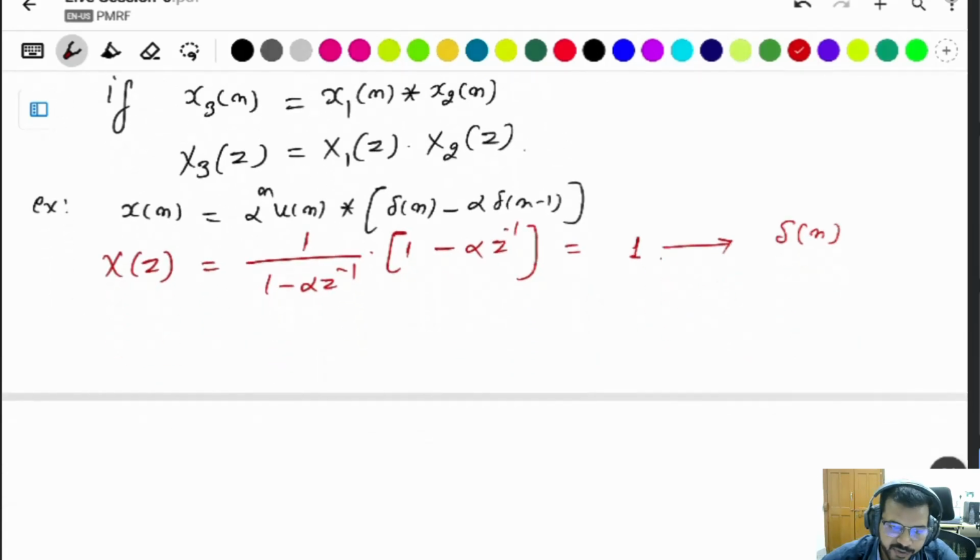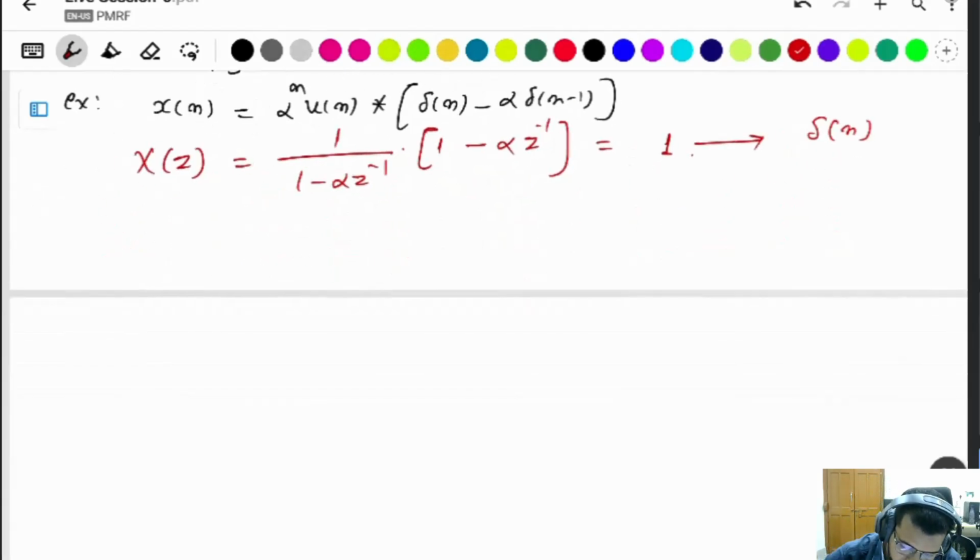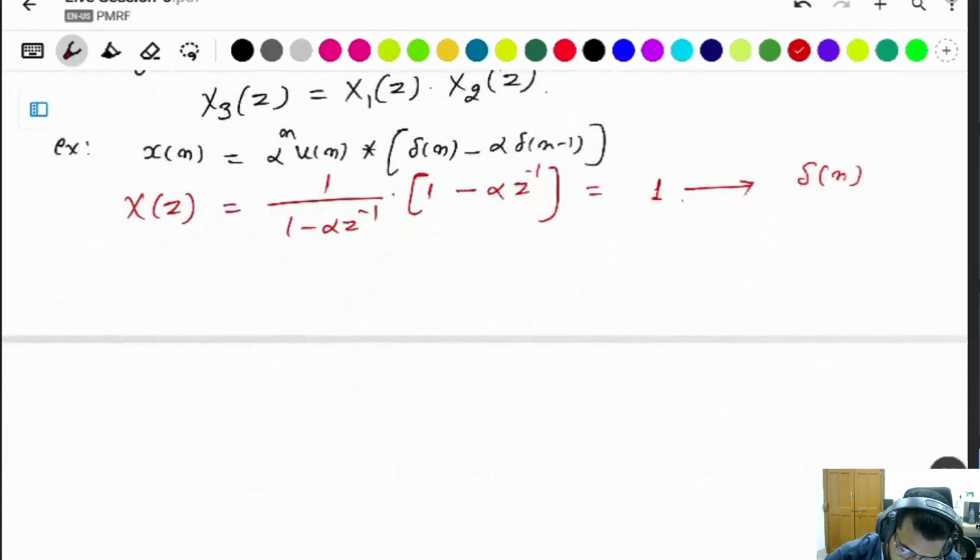Time accumulation property. What happens if you add the signal in the time domain? And how can you find that signal in the frequency domain? This is the new property, the sixth one.